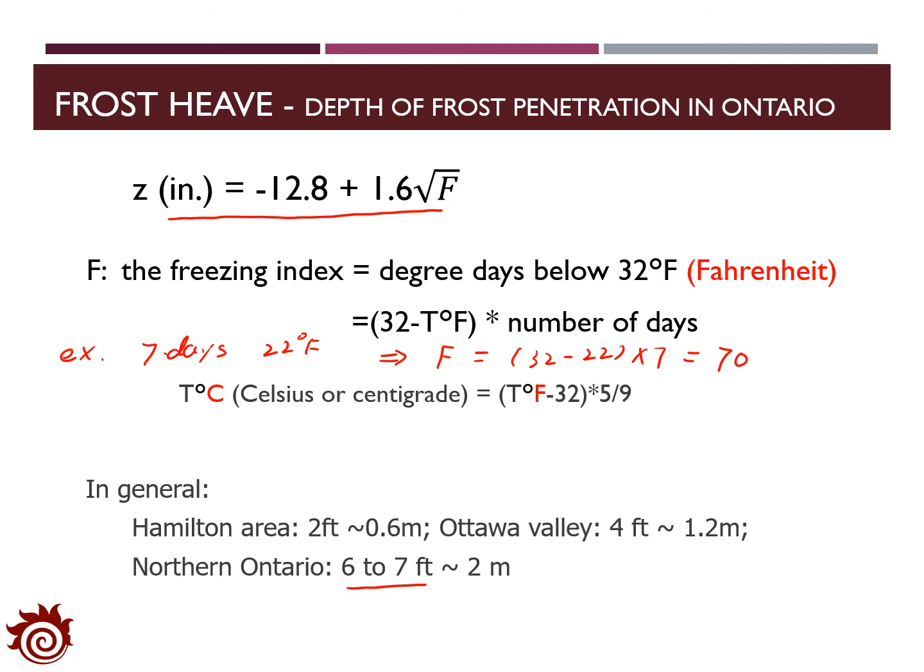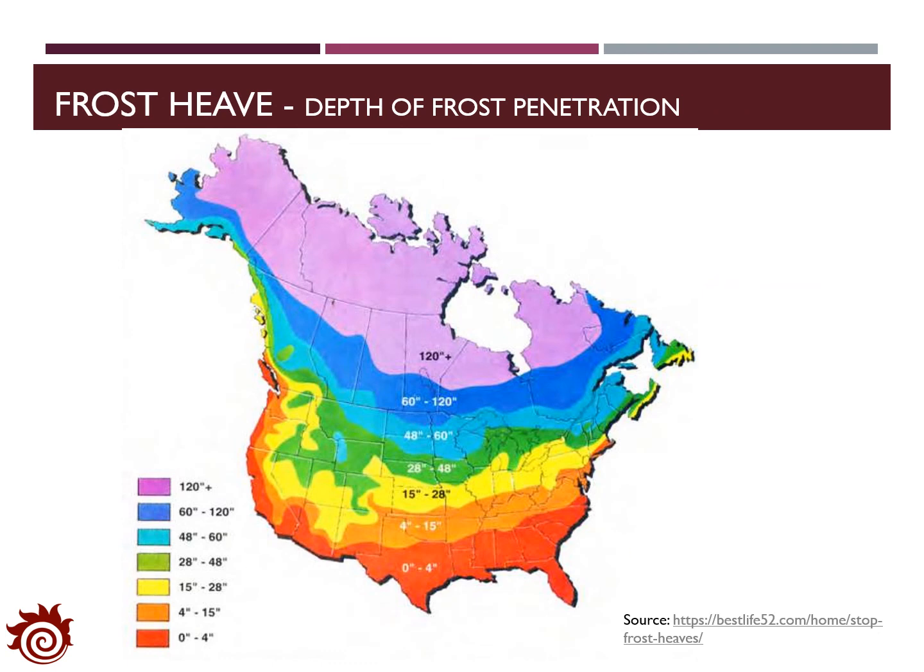Particularly in the Hamilton area, it's about 2 feet, and in the Ottawa Valley, it's around 4 feet. The figure here shows the depth of frost penetration across the whole of North America. In Ontario, we can see that the depth varies from 28 inches to 120 inches.